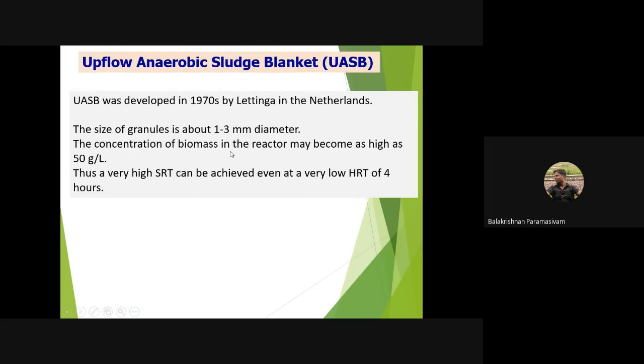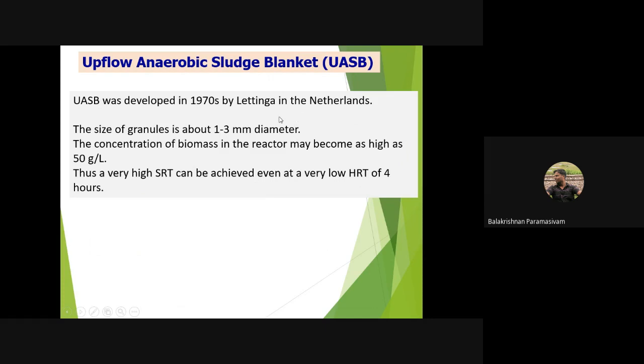So then people developed the anaerobic sludge blanket. This was developed in 1970. It is mainly used for industrial effluent as well as domestic effluent, where the BOD to COD ratio is a little higher. BOD by COD is called the biodegradability index.